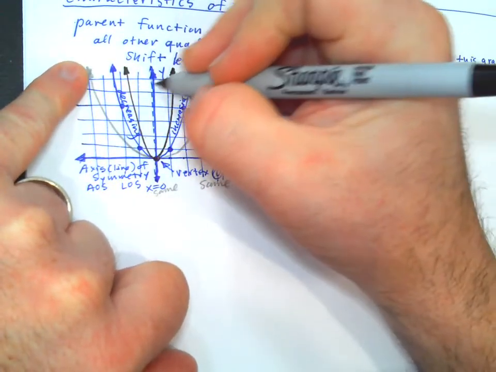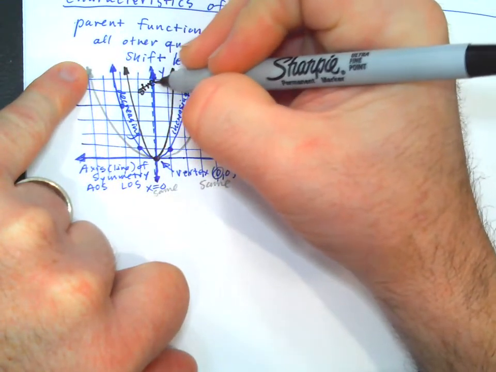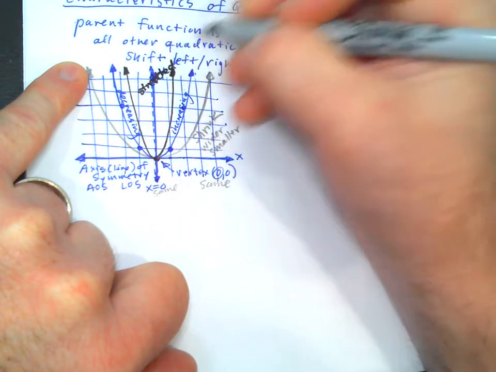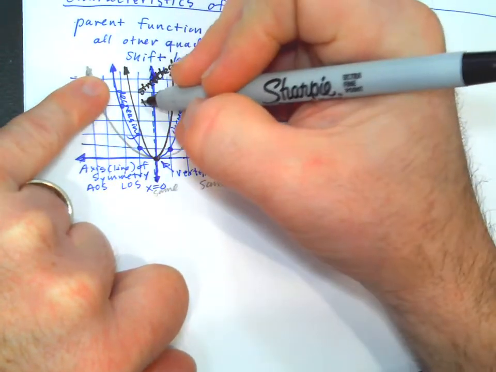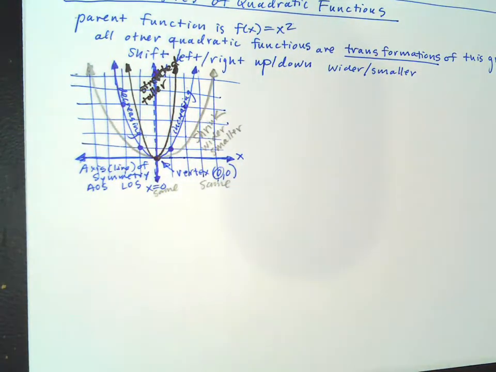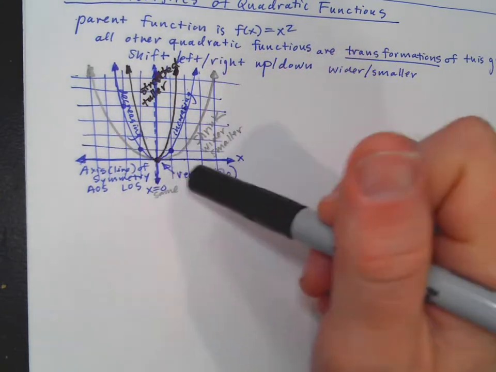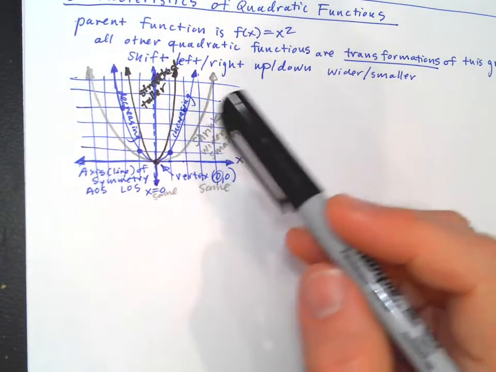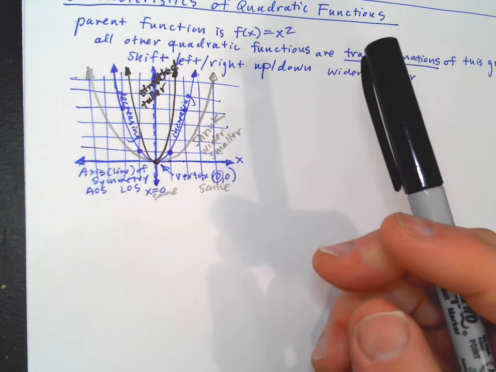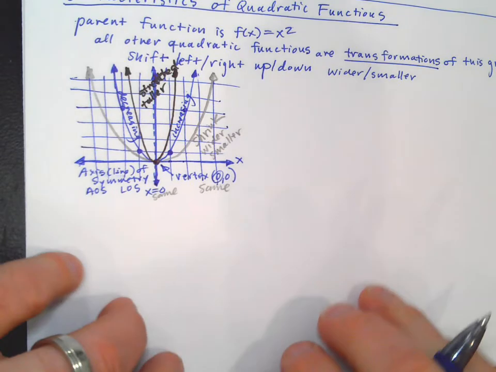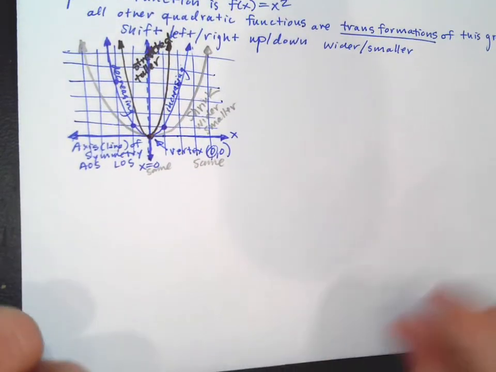So we'd say stretched, or taller, bigger. It still has the same vertex (0, 0), still has the axis of symmetry, still decreasing and increasing. They all look kind of like each other, and that's why they call this original one the parent function. Okay.